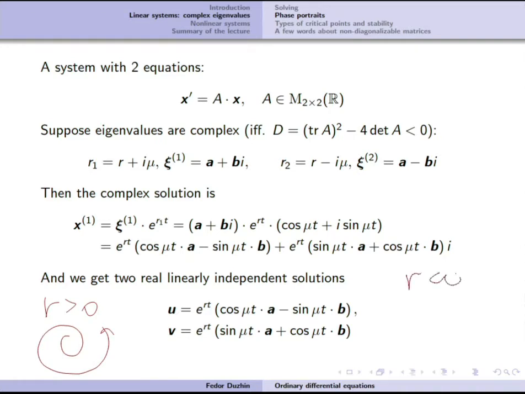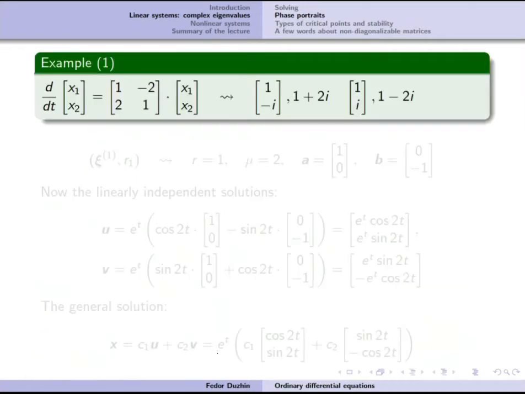But if r is negative, then e to the rt, as t goes to infinity, approaches 0, and because of the same logic, there is going to be a spiral that goes towards the origin. And of course, if r is 0, then this term just disappears, and we have a periodic motion around the origin. So let's verify this observation and see the actual plots.